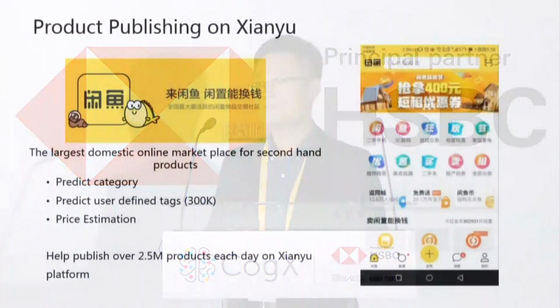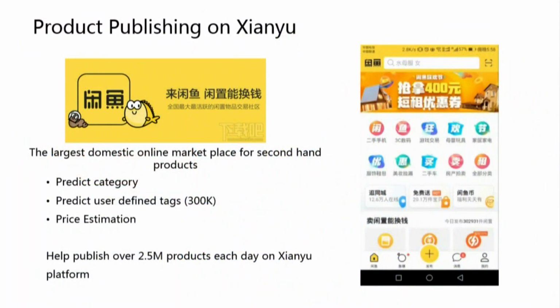At Alibaba, we also have an application called Xianyu, which is the largest domestic online marketplace for second-hand products in China. On each day, there are over 2.5 million products published.